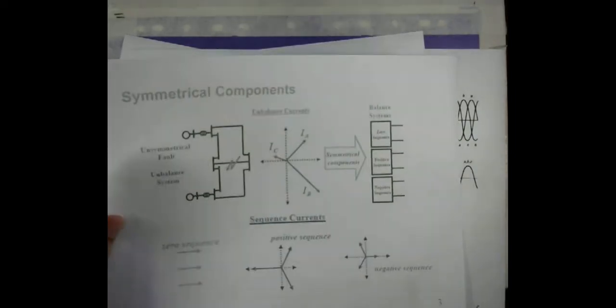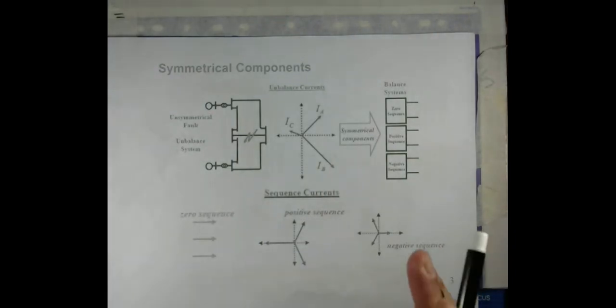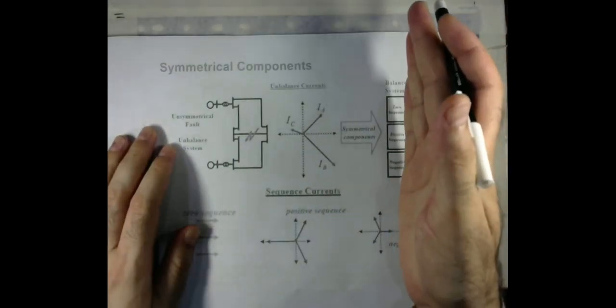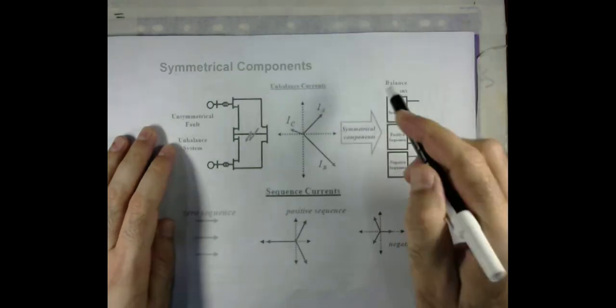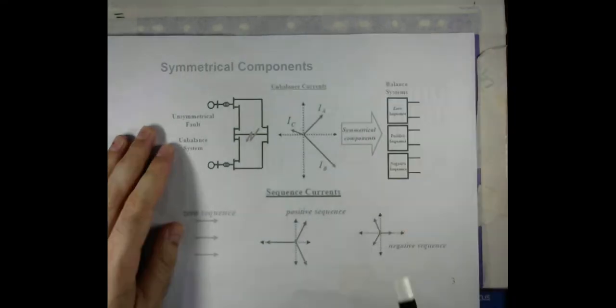So now we have talked about symmetrical components, and even about the transformation of the phase components, the unbalanced quantities, into what we call the three sets of the sequence components.